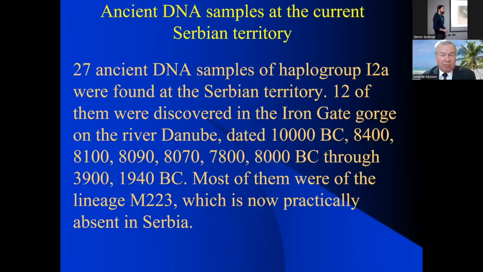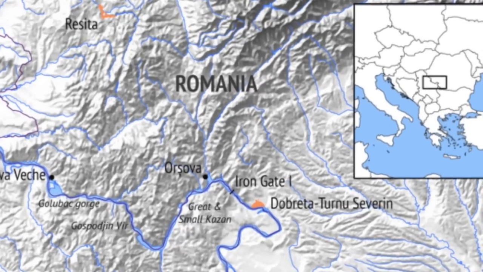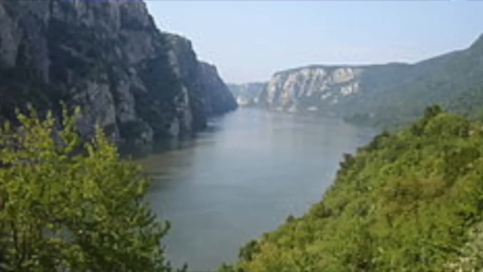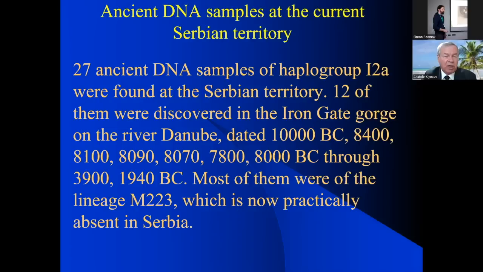Now, ancient samples. Ancient means they're excavated, in this case, on the current Serbian territory. There are known 27 ancient DNA samples of haplogroup I2A which were excavated in Serbian territory. 12 of them were discovered in the Iron Gate Gorge on the river Danube, dated a long time ago, 10,000 years BC, 8,400 years, 8,100 years BC, again close to 8,100, 7,100, 8,000 years BC, and through about 2,000 years BC.